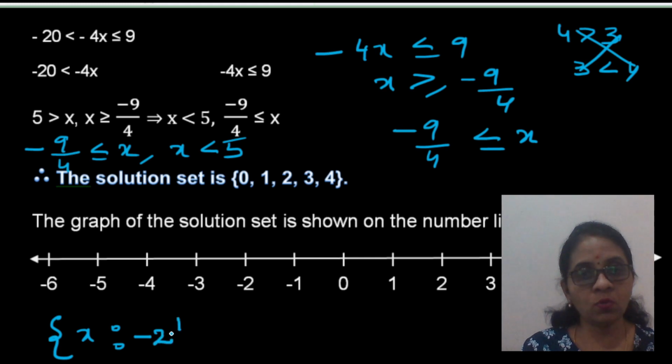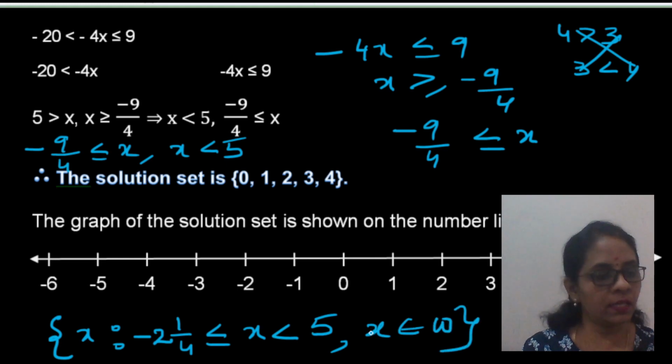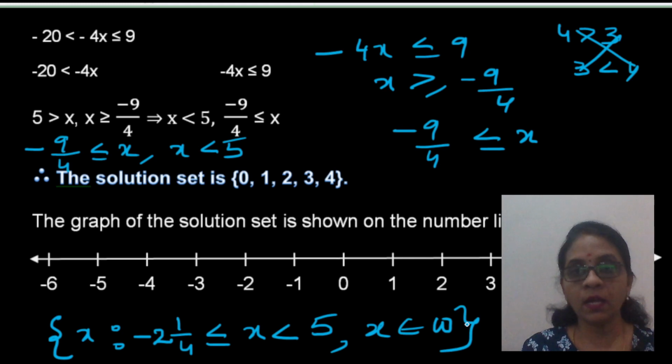So, minus 2 1 by 4 less than or equal to x less than 5, put a comma, x belongs to whole numbers. The replacement set is whole numbers here. Is this clear? This is how you will write a solution set in set builder notation.